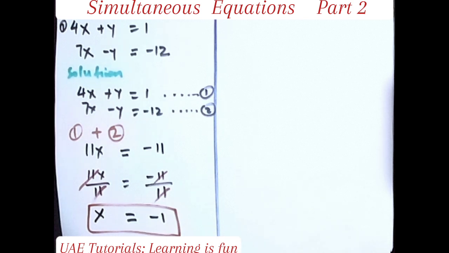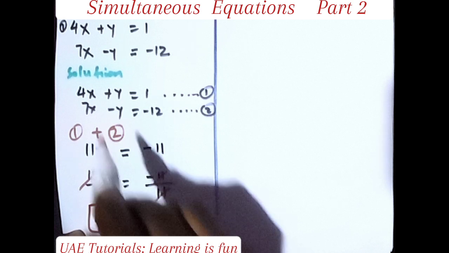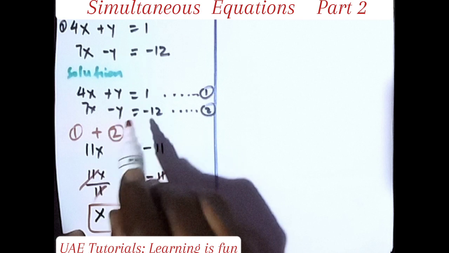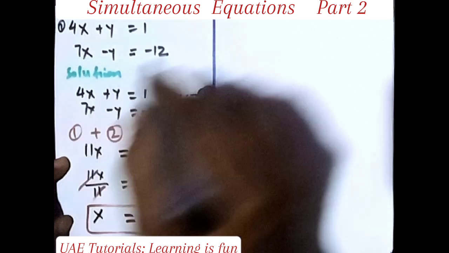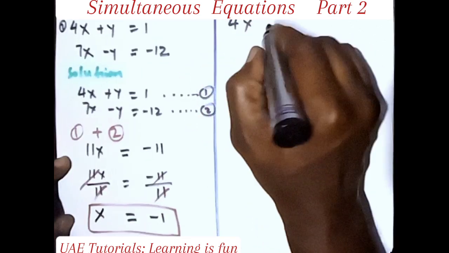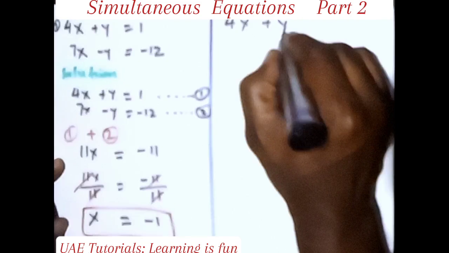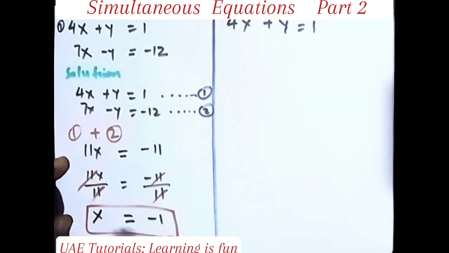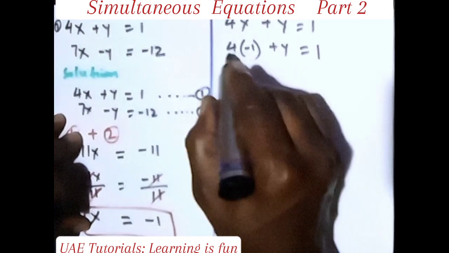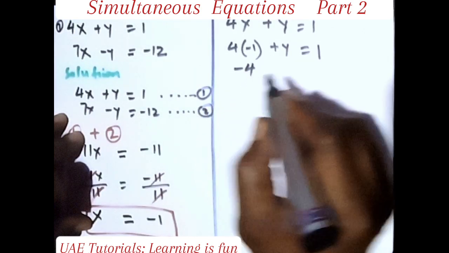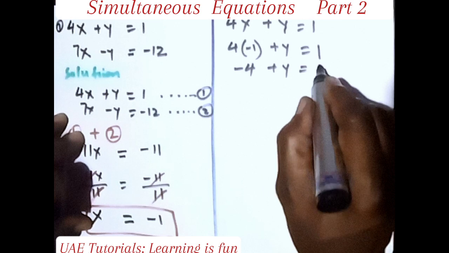And what do we do at this stage? We now go ahead to substitute x equals minus 1 into one of the original equations. So I'm going to choose equation 1, which says that 4x plus y equals 1. If we substitute x equals minus 1, that means 4 times minus 1 plus y equals 1. 4 times minus 1 is minus 4, plus y equals 1.